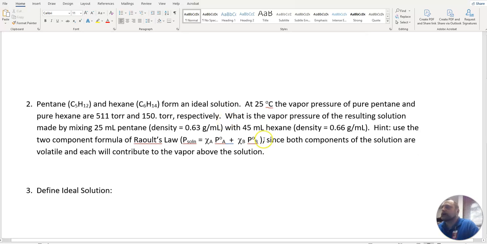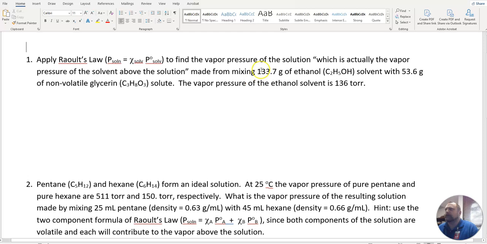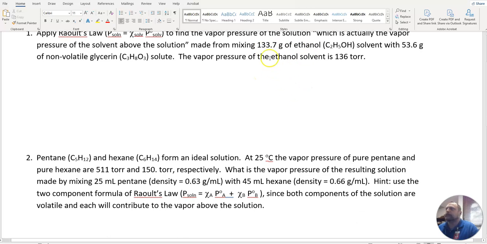I've got to worry about these being, so I want to say this one here was like 3.5-ish for the total moles.